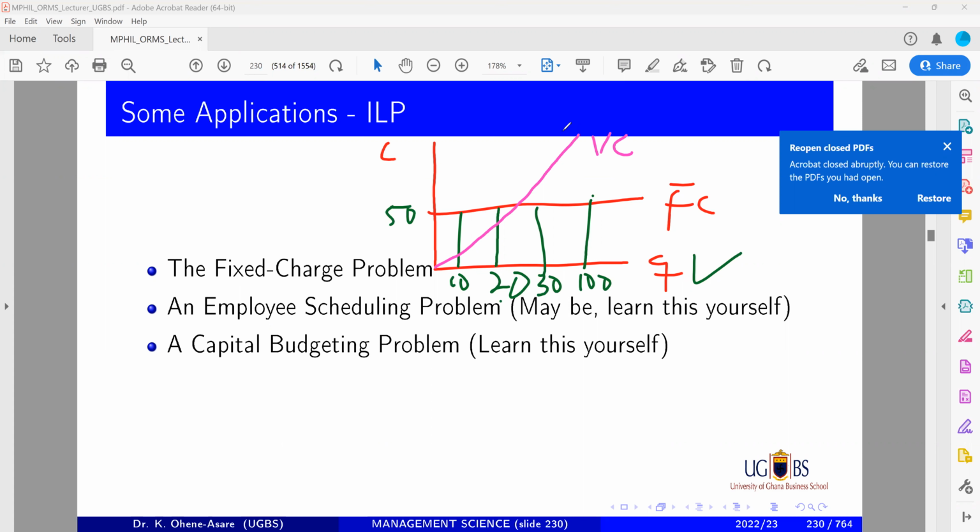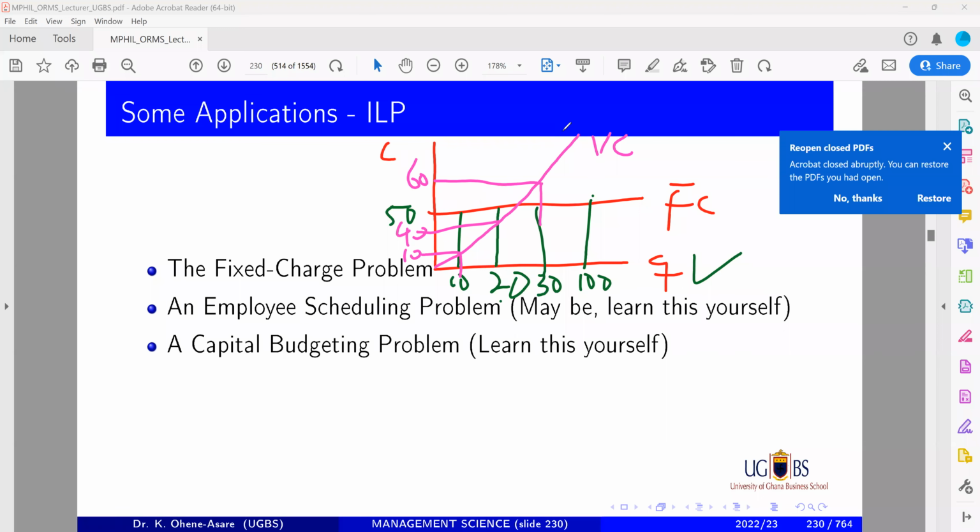Variable cost is variable. It means that it's changing. Even if you look at the curve, as you are producing 10, the cost is, say, 10. As you are producing 20, the cost goes to 40. As you are producing 30, the cost goes to 60. So that cost is increasing with the level of production. Okay, that is variable cost.